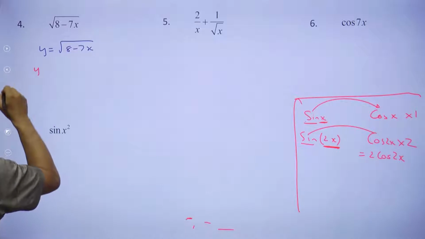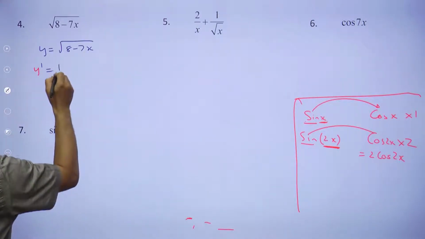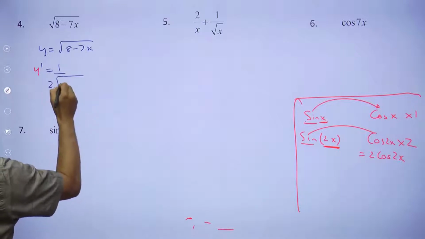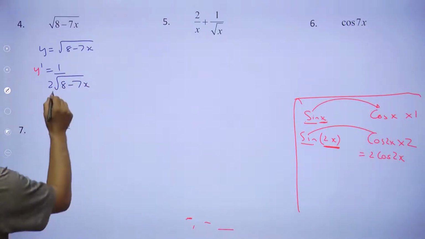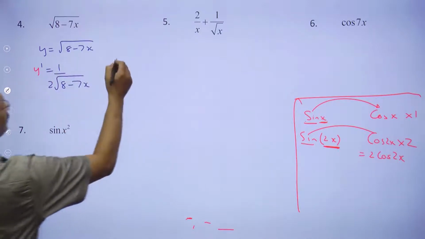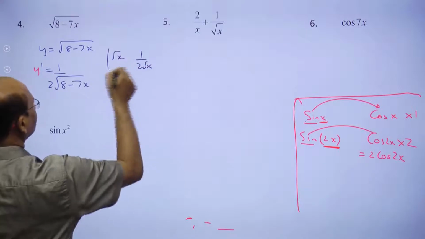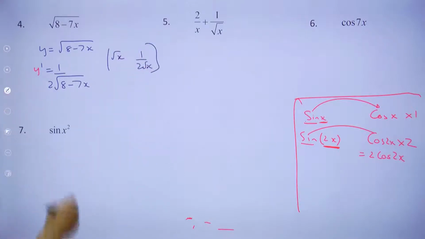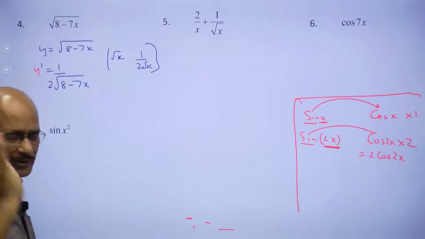y dash is 1 upon 2 root 8 minus 7x. Now hold on. This was the derivative of root, because see, root x derivative is 1 upon 2 root x, correct? The same pattern, root of anything is 1 upon 2 root that thing. Normal condition.